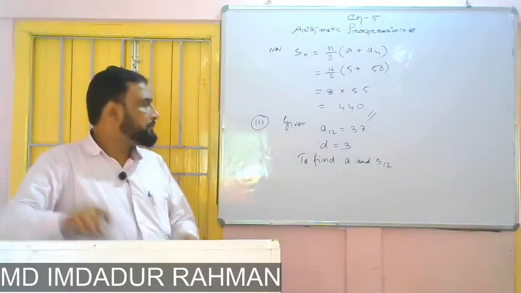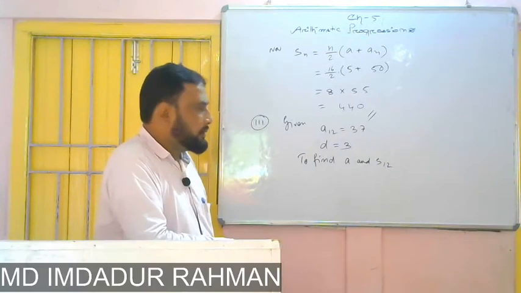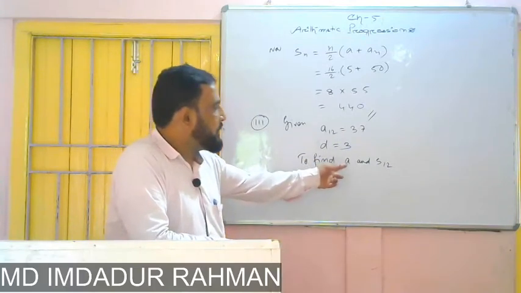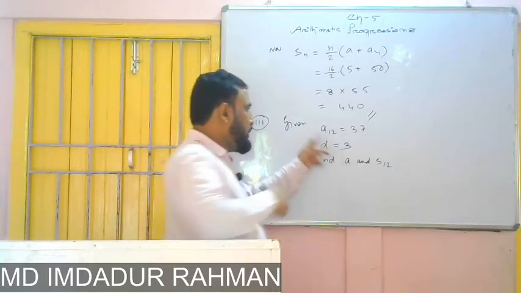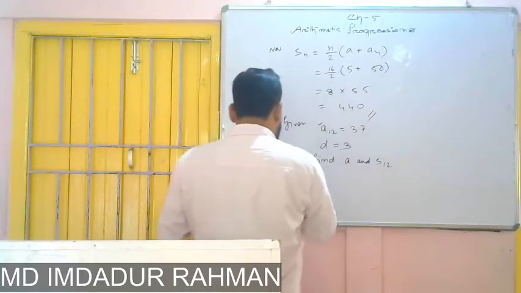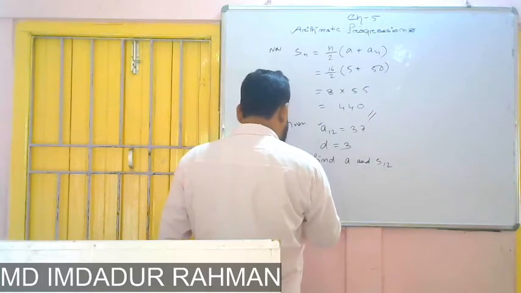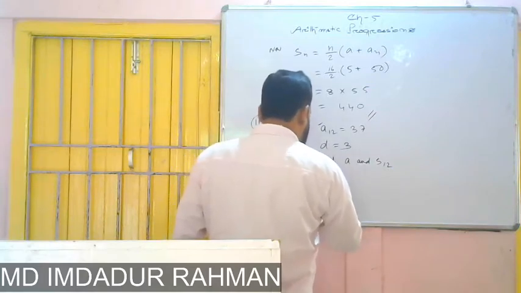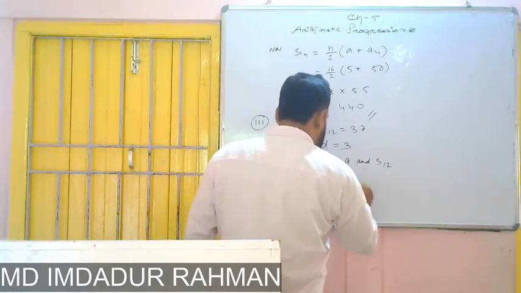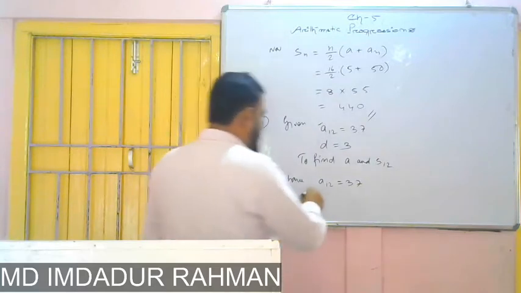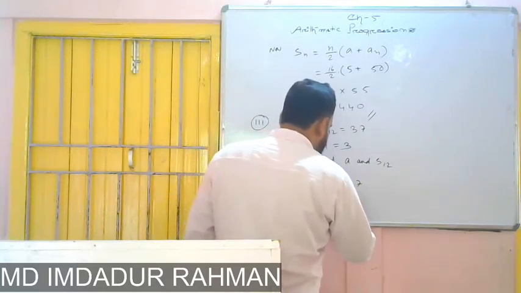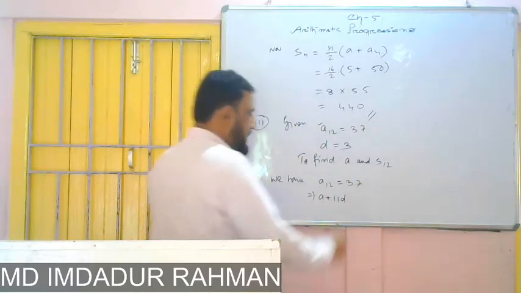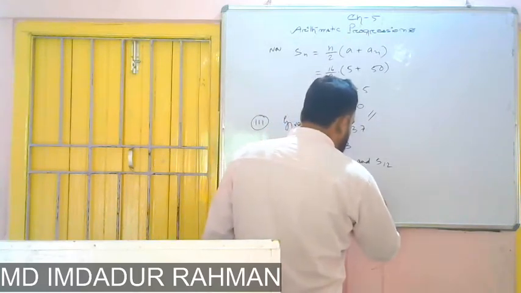How will you find out? First of all, we have to find out A. So to find out A, we will use this part. We have A12 is equal to 37. Then the shortcut formula of A12 is A plus 11D is equal to 37.